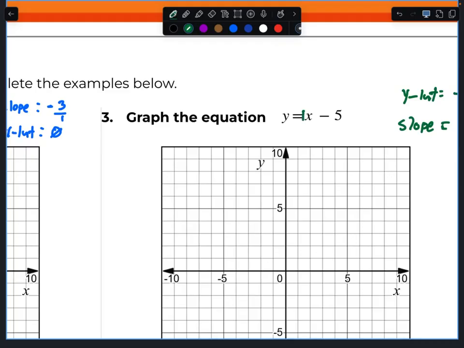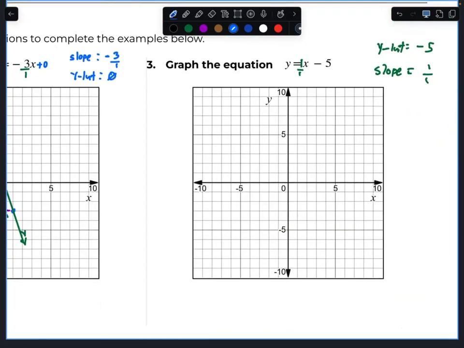If you don't see a number in front of the x, there's always an imaginary 1, or an imaginary 1 over 1 in there. So I'm going to plot negative 5 as my y-intercept, and then I go up 1 over 1, up 1 over 1, up 1 over 1, up 1 over 1, and then I make my equation line.